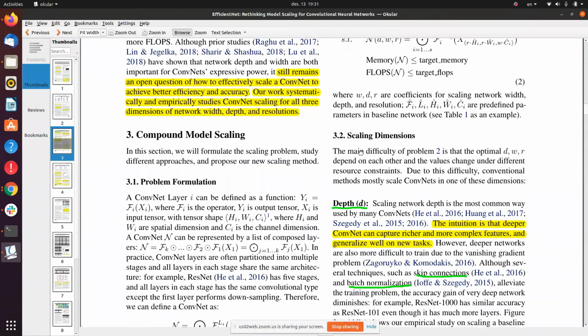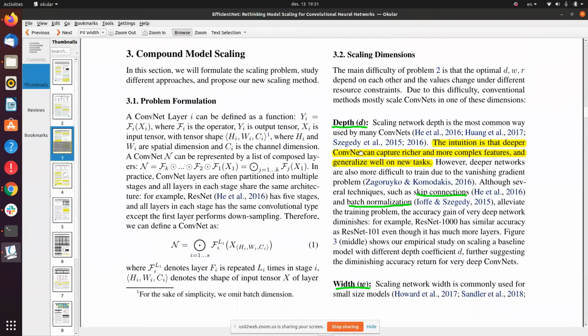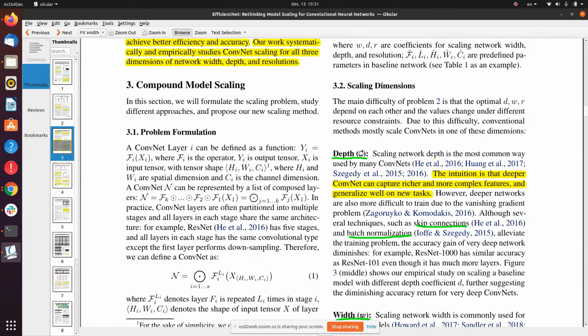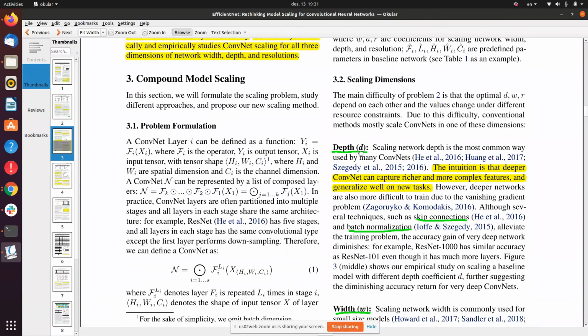For that, they have done something again, scaling dimensions here. And I really don't see the difference between the related literature they have mentioned and this section. There is a kind of overlap between that section and this section. For depth, they have given the same references, but the only thing they mention here is that deeper convolutional nets can capture richer and more complex features and generalize well on new tasks.